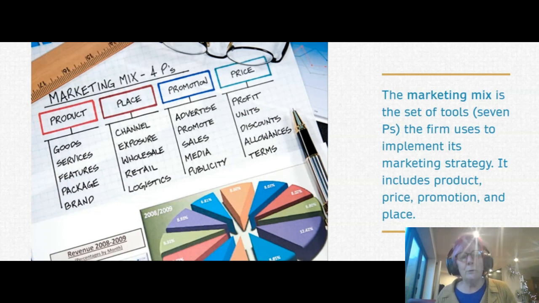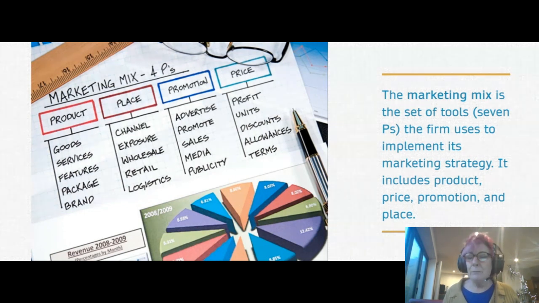The same approach with promotion. How should we best promote this product? How should we get the product to our customers? Should it be on the high street? Should it be online? So it's this mixture of things that are put together, the marketing mix, to ultimately provide the kind of product at the right price that the target market will want to buy.